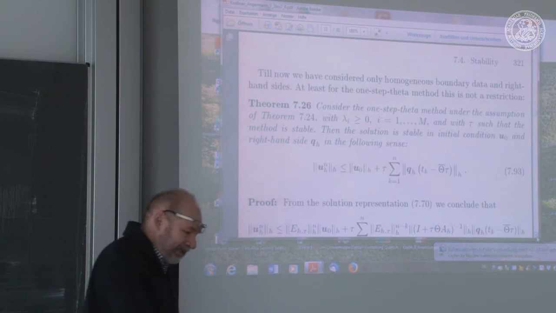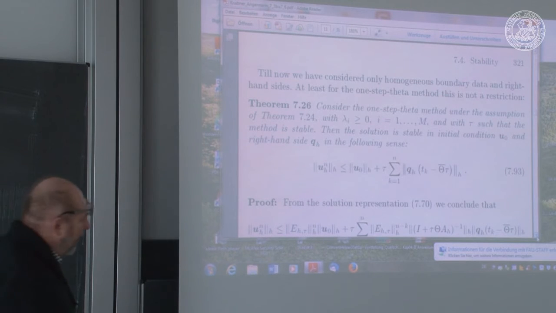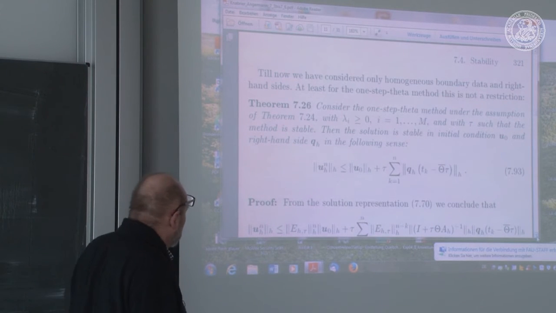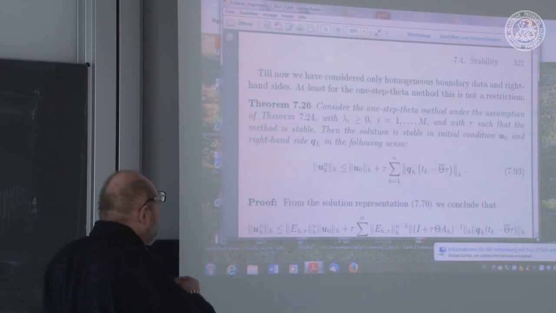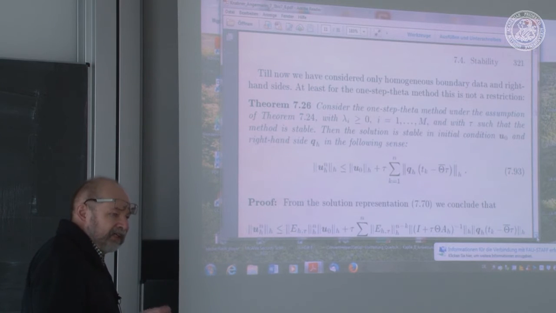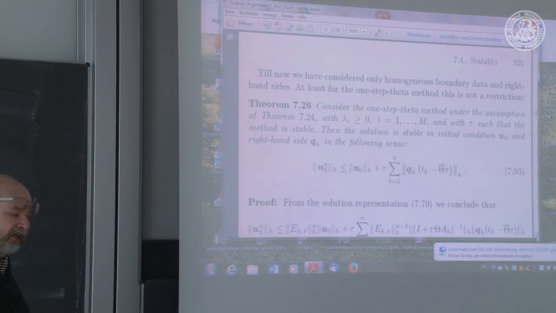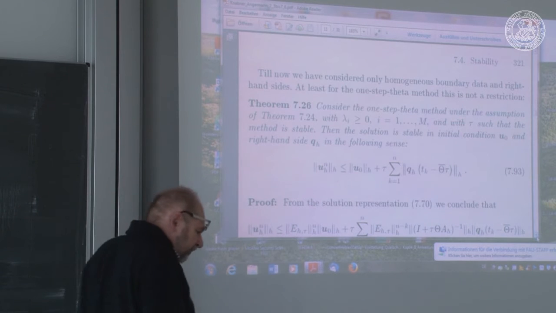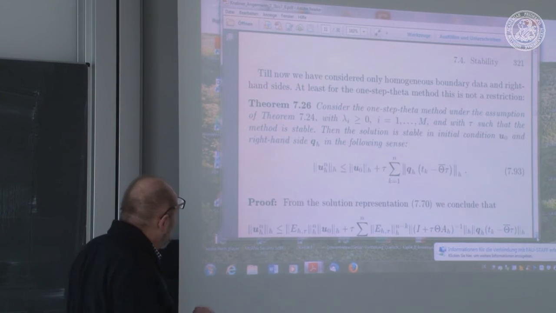Now let's assume that the method is stable, and let's see what kind of stability result we get for the solution. In which way can we now estimate the solution in space and time depending on the initial data and then the right-hand side, in a similar way as we've seen for the continuous problem and for the semi-discretized problem?